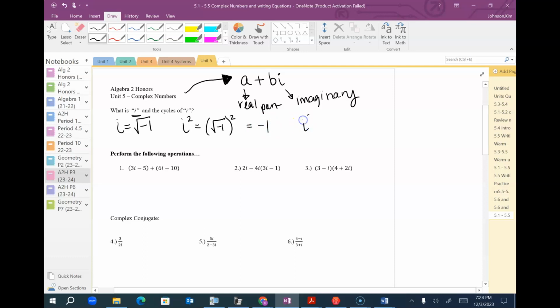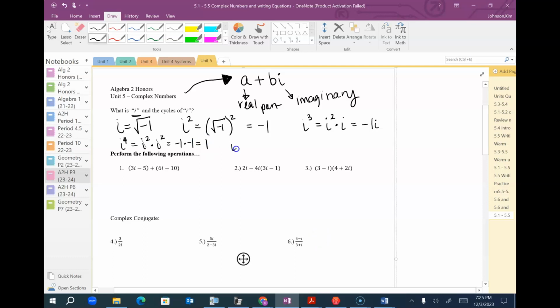If we take i and we cube it, that's like us taking i squared times i. So that's -1 times i, or -i. If we take i and raise it to the 4th power, that's equivalent to taking i squared and multiplying it by i squared. So that would just be -1 times -1, which is +1.